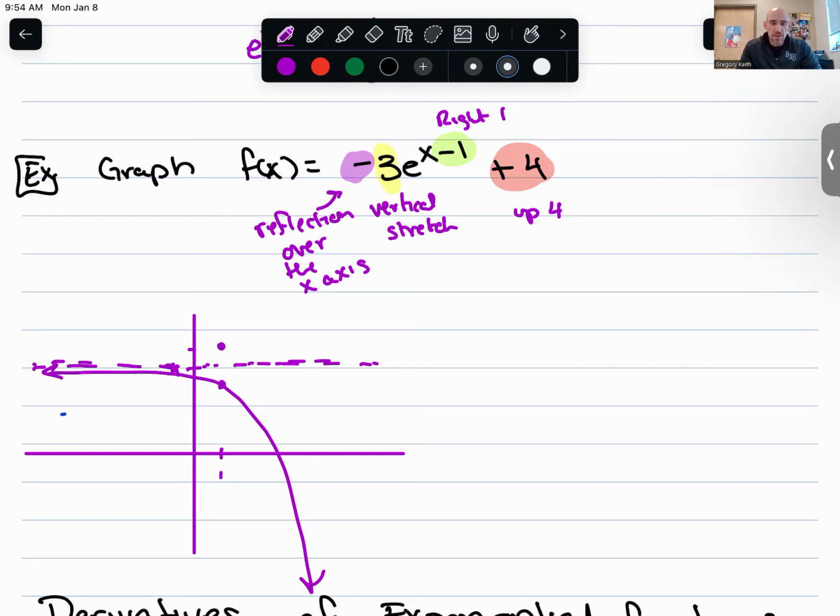Our vertical stretch of 3, that's going to really just stretch that out a little bit. So normally it would look like this. If we were to go ahead and put 1 in there, it's actually going to stretch out this way. So what I did before that was without the stretch. Now let's go ahead and put it with the stretch. Oh, that's a terrible graph.